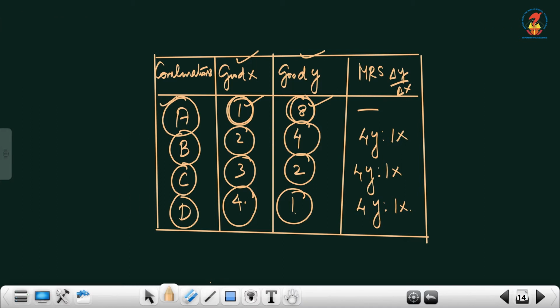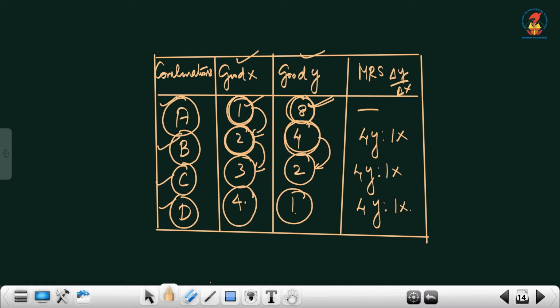Now in the second combination, what has happened? In the second combination B, good X is 2 and good Y is 4. In order to increase good X from 1 to 2, good Y is sacrificed from 8 to 4. In the third combination, in order to increase X from 2 to 3, Y is decreased from 4 to 2.